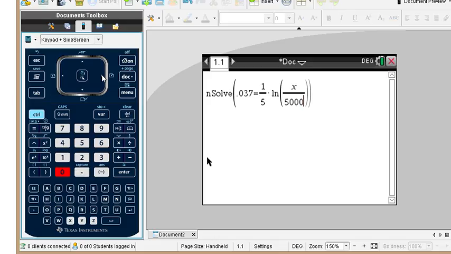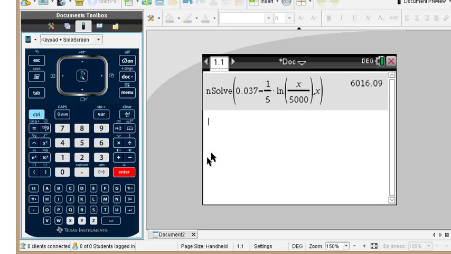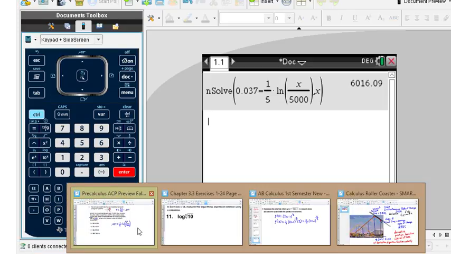So we have everything worked out here, and we have our whole equation. We're going to place a comma and x to get what we need. When we press enter, we get $6,016.09.